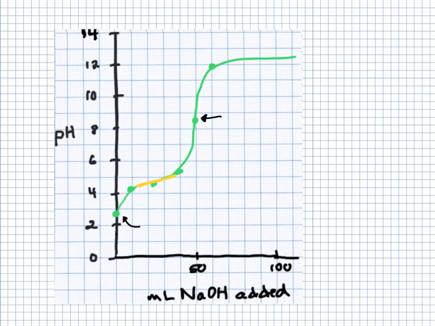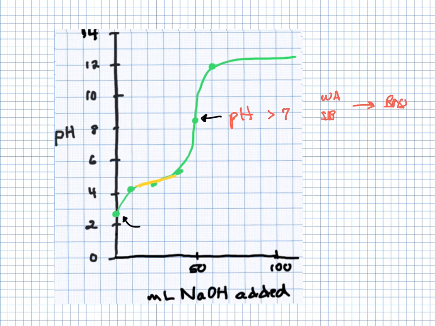So let's look at the overall titration of a weak acid and a strong base. Okay, a couple of things to note. The pH at the equivalence point is going to be greater than 7, which makes sense, right? Weak acid, strong base, it makes sense it would end up being basic.